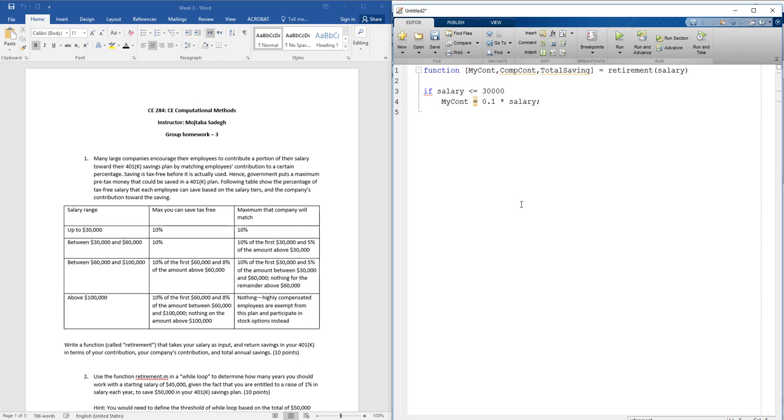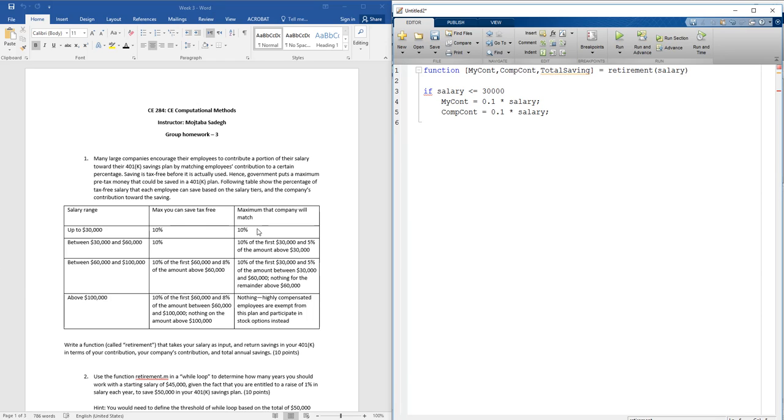I put a semicolon just to make sure that it doesn't write to the screen. That's annoying. Company's contribution is again 0.1 times salary. So this is if it was less than $30,000.